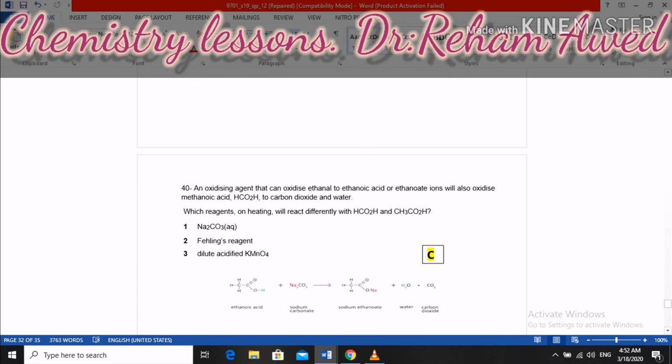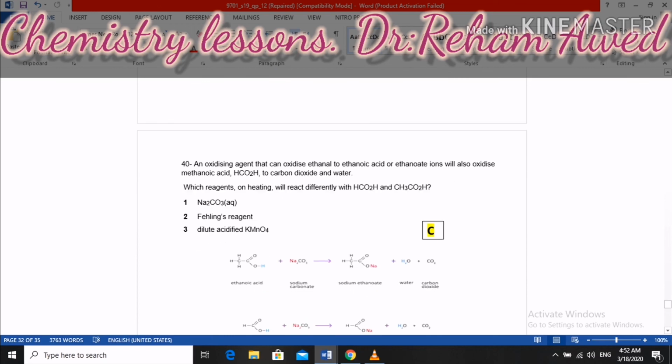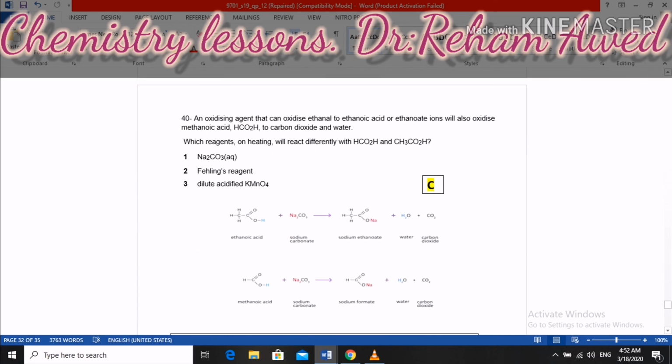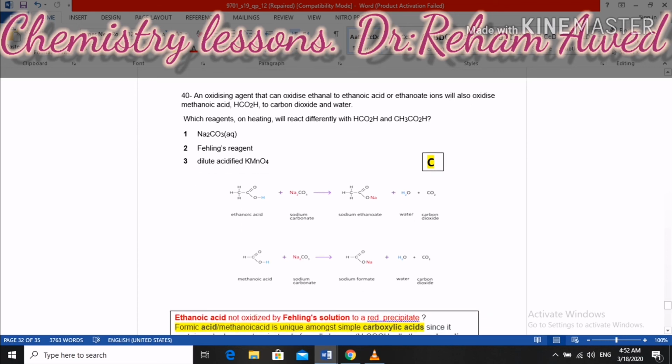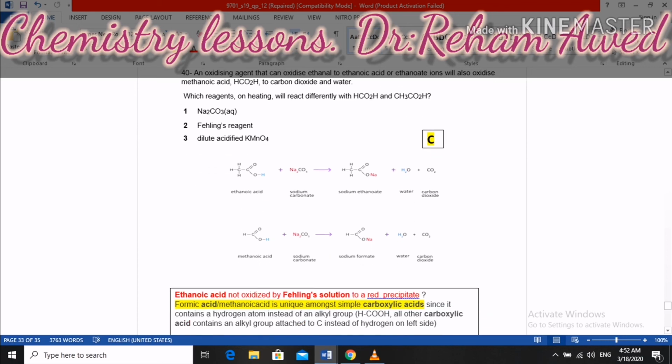An oxidizing agent that can oxidize ethanol to ethanoic acid or ethanoate ion will also oxidize methanoic acid to carbon dioxide and water. Which reagents on heating will react differently with methanoic acid and with ethanoic acid? At first, the reaction between sodium carbonate and ethanoic acid will produce sodium ethanoate, water, and carbon dioxide.